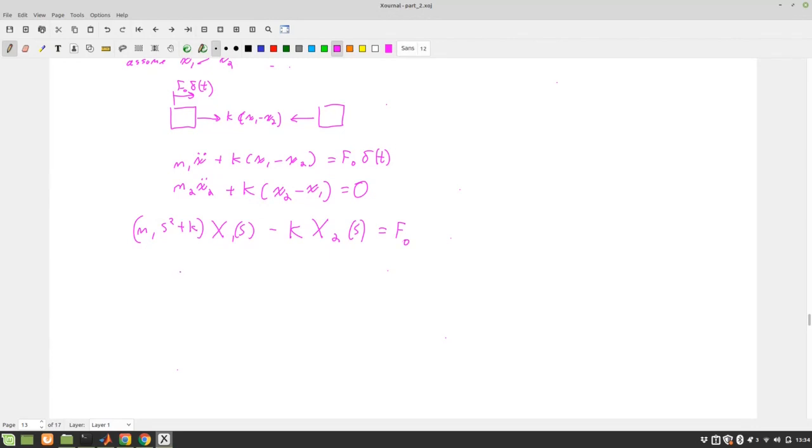And then on the bottom, I'm going to have negative k x1 of s plus m2 of s squared plus k, all multiplied by x2 of s. That seems right? Seems right to me.